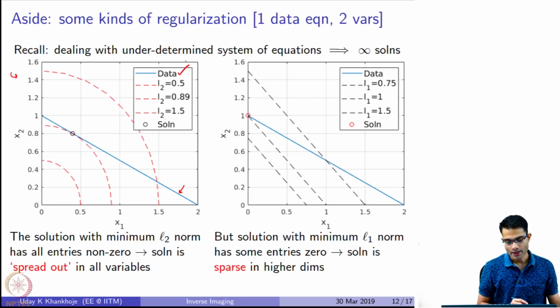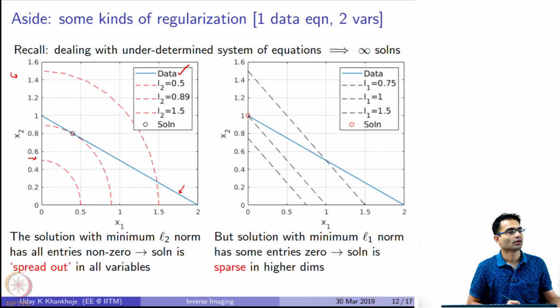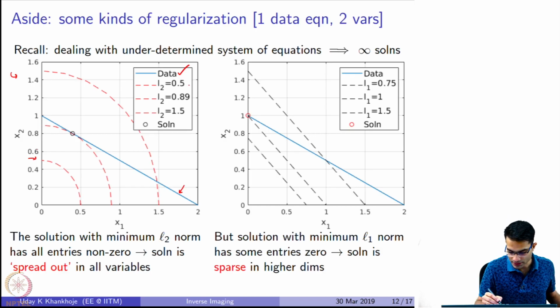If I want minimum L2 norm, that is minimum energy, then these red dashed lines over here are all circles of constant 2 norm, right. For example, this one is 0.5 radius. I keep increasing this until I touch the data equation.